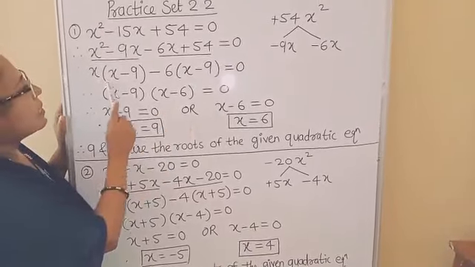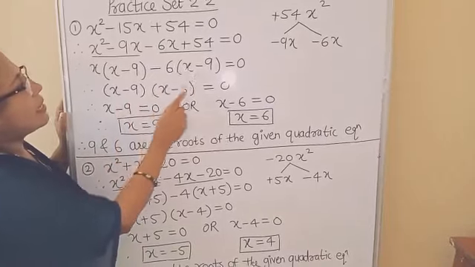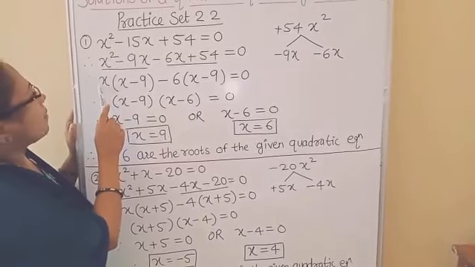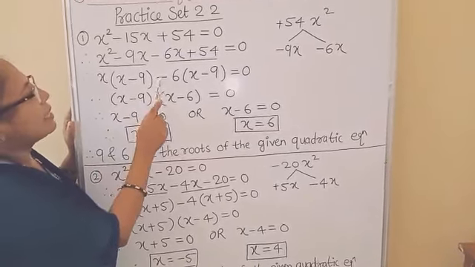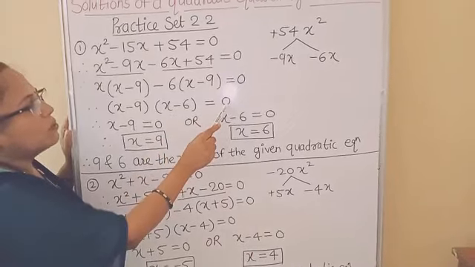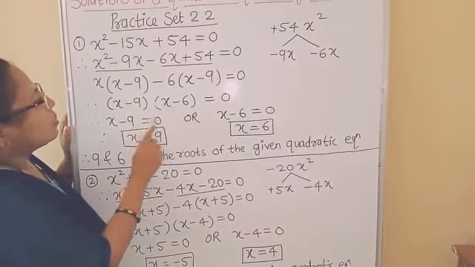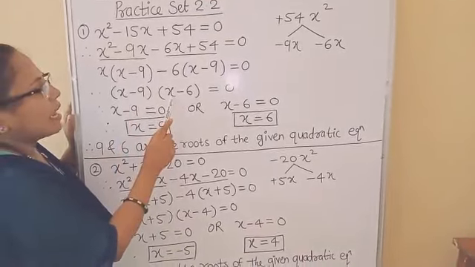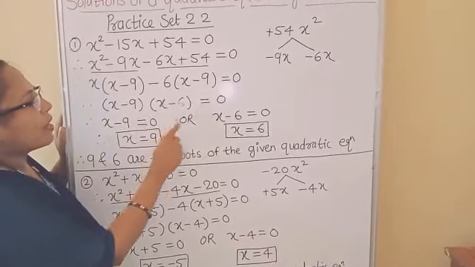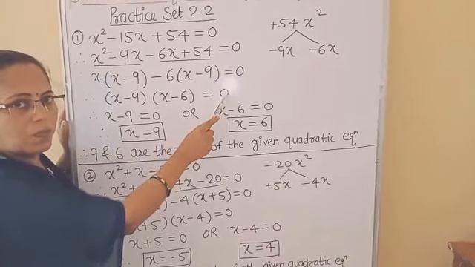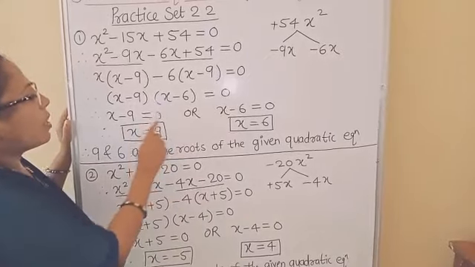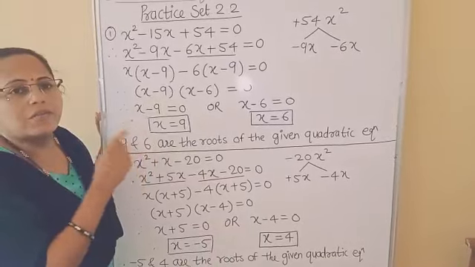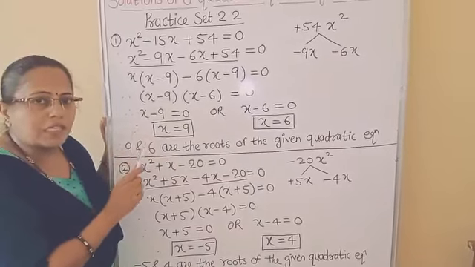Now from this expression, x minus 9 is the common factor and the other factor is x minus 6, equal to 0. So we got two linear factors of this trinomial, x minus 9 and x minus 6. Their product is equal to 0. So students, when the product of two numbers is 0, that means one of the two numbers must be 0.